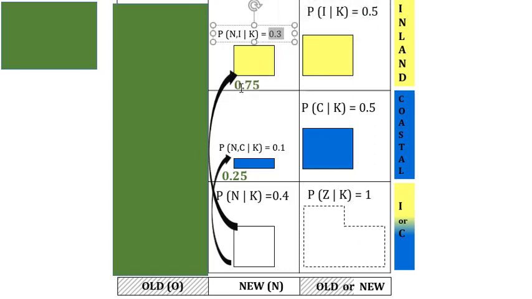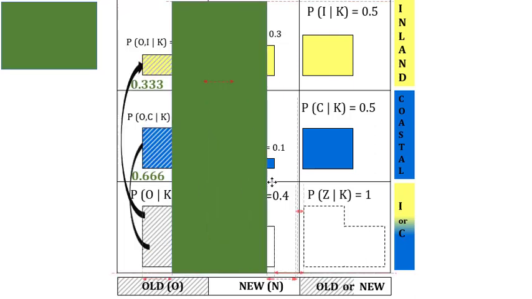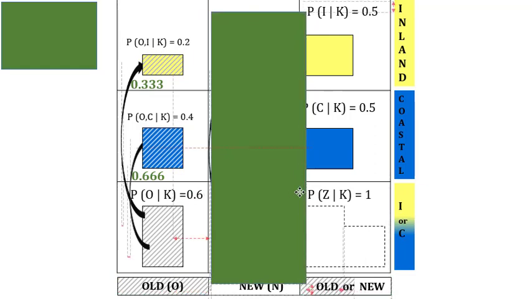Okay, and if we consider the conditional probabilities, we are conditioning on new. Basically, these two conditional probabilities should add to 1. 0.75 plus 0.25 equals 1. Same with the old. The conditional probabilities should add to 1. 0.333 plus 0.6666 equals 1. And the joint probabilities, 0.2 plus 0.4, should add to the marginal probability of old.